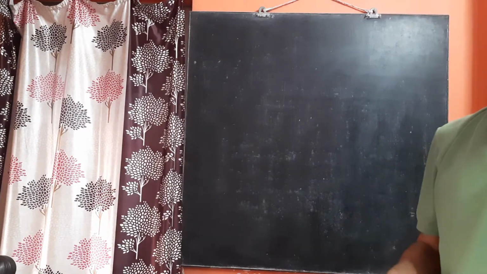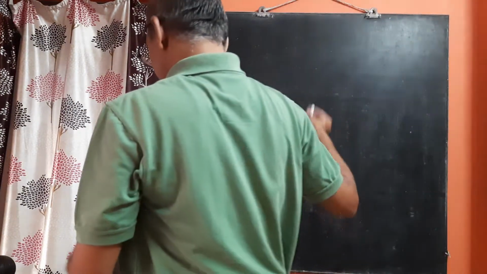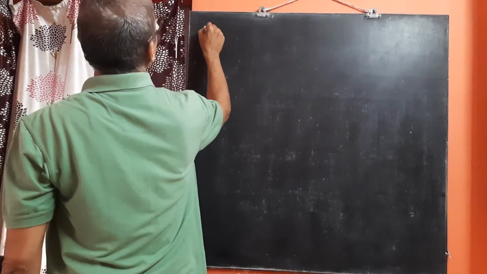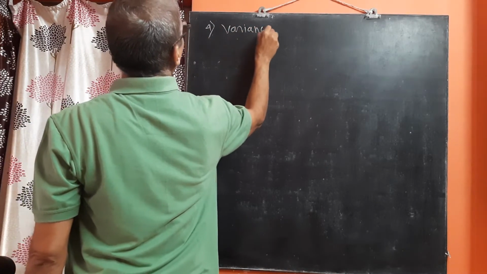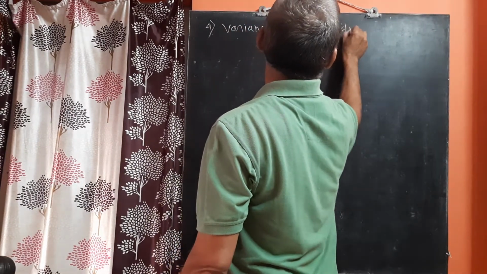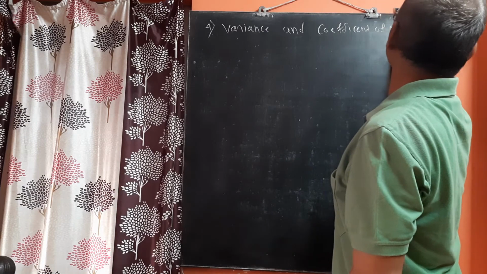First we have seen range, second the mean deviation, third the standard deviation, and the fourth one is variance and coefficient of variance.